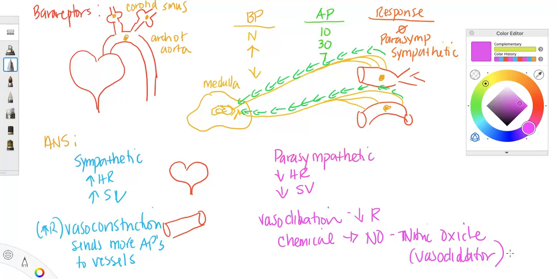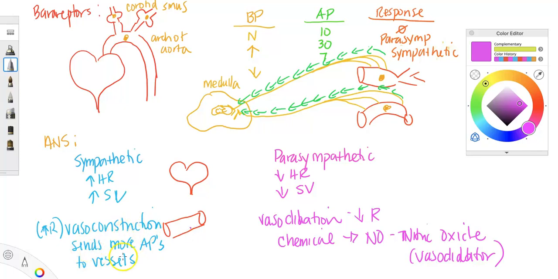The cardiac center then, through the sympathetics and parasympathetics, will either increase or decrease heart rate depending on whether pressure is too low or too high. And on the heart, they both do the exact opposite thing, because they both have innervation to the heart. But vessels, they do not both, only the sympathetics.